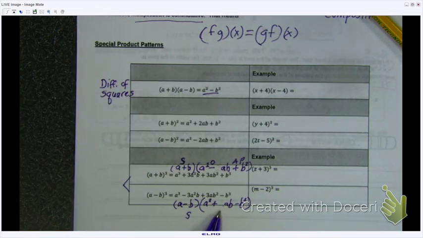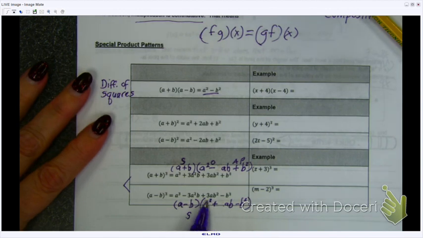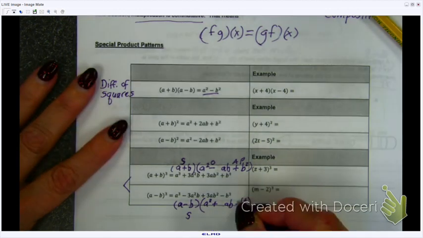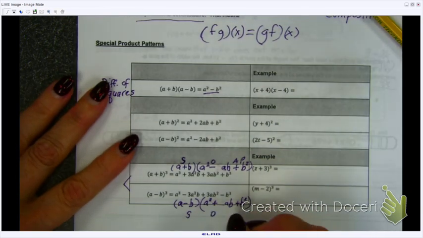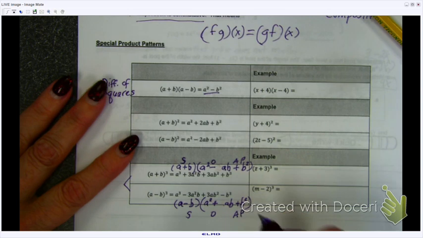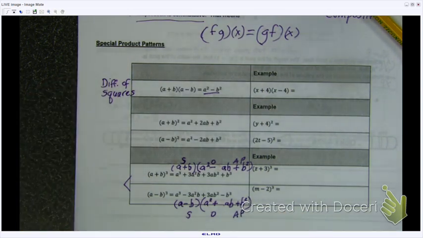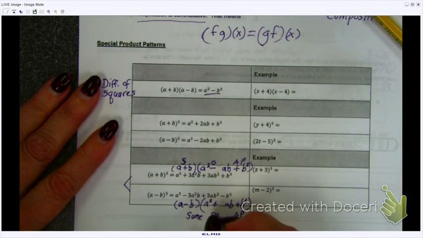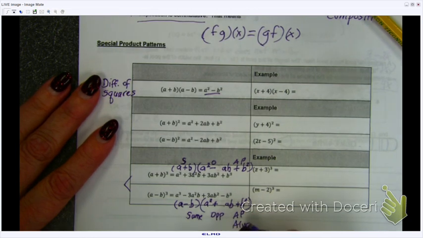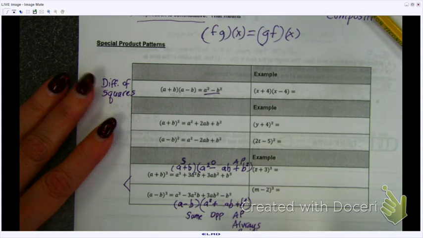There's no 2. It's A squared plus or minus AB plus, it's always positive at the end, B squared. So same, opposite, always positive. This is same, opposite, and always positive. So that's just a way to remember the sum and difference of cubes formulas.